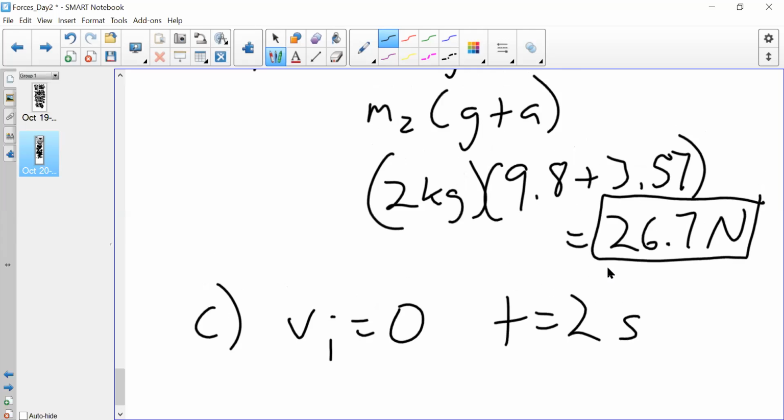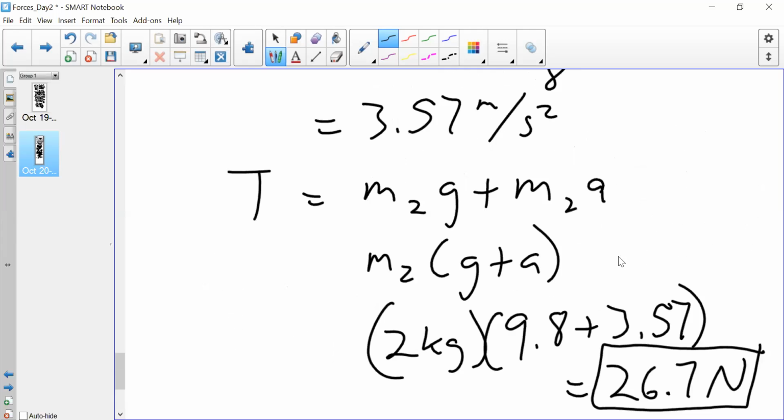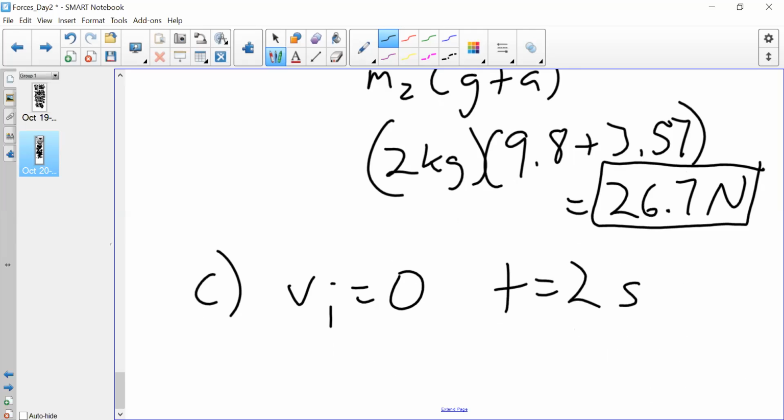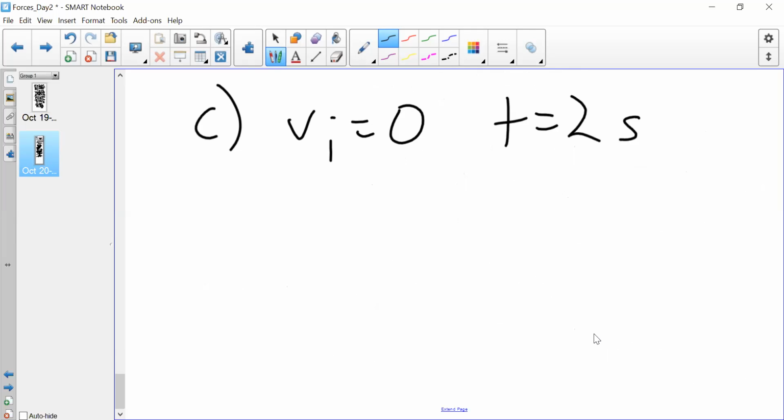We have no distance, so we can't use that particular kinematics equation. What's the best one we can use? Selena, got any ideas for us? We know we're trying to find the final speed, and the initial speed is 0 because it starts from rest. Of those 4 equations, what's the best?